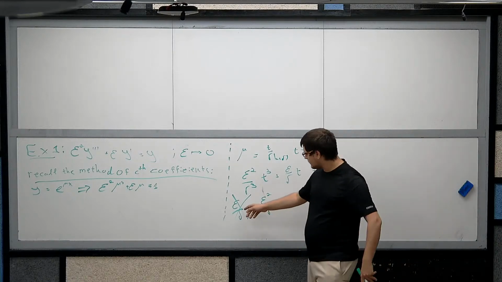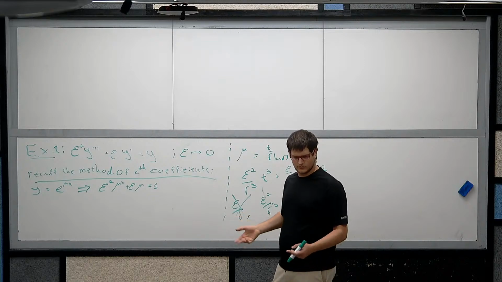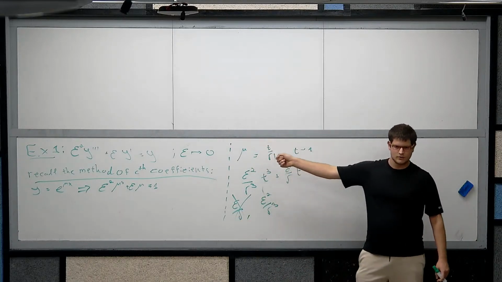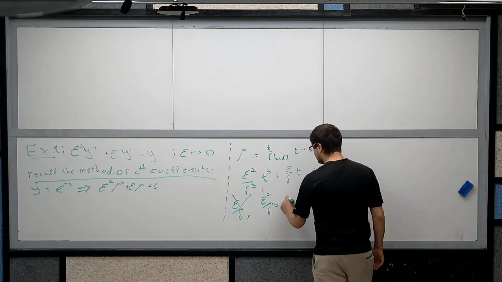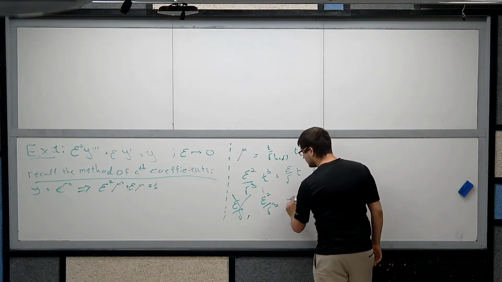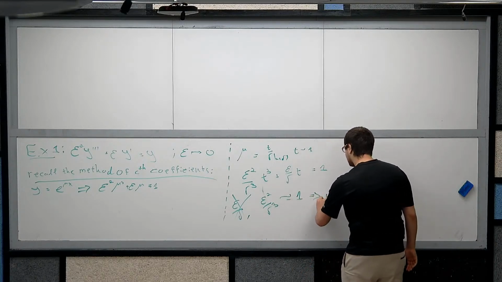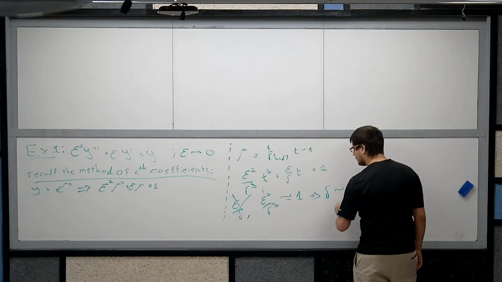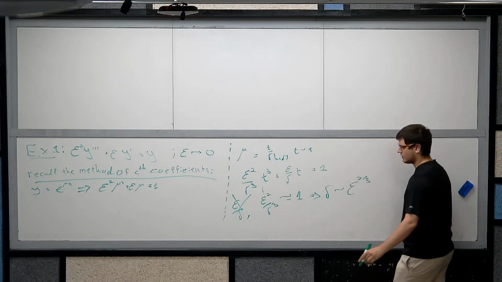Delta will be for that expression in order of epsilon if we want it to be in order of 1, and then that will be in order of 1 over epsilon, really bad. But in that case, if we take the condition that goes like 1, we get that delta is in order of epsilon to the 2/3, right?